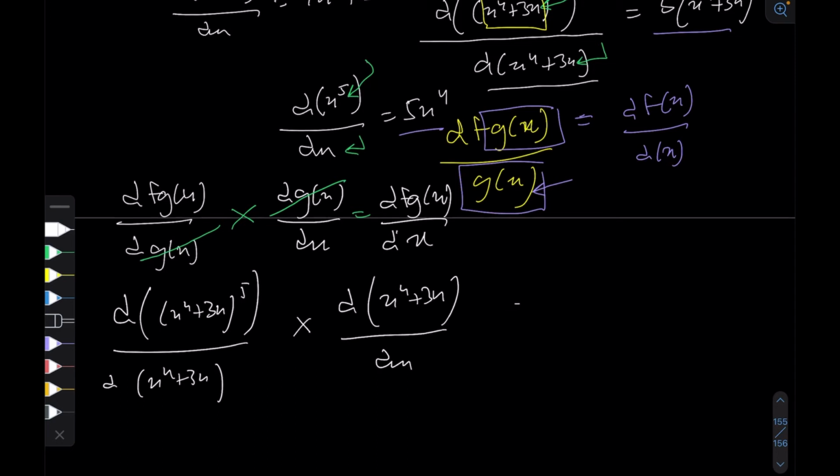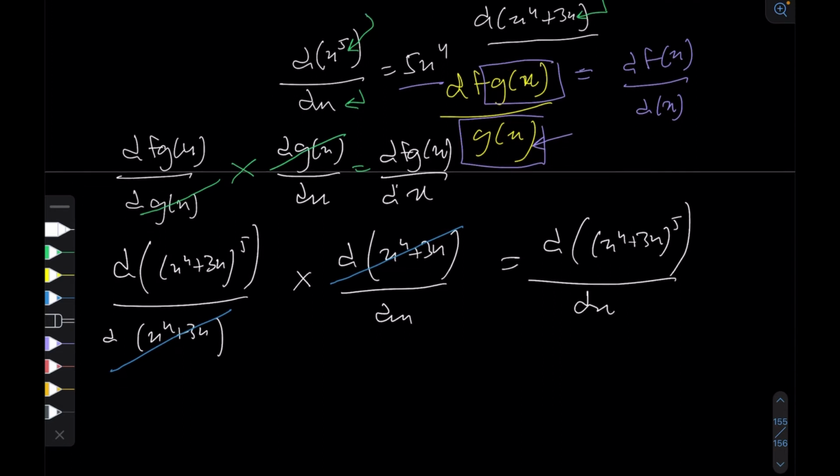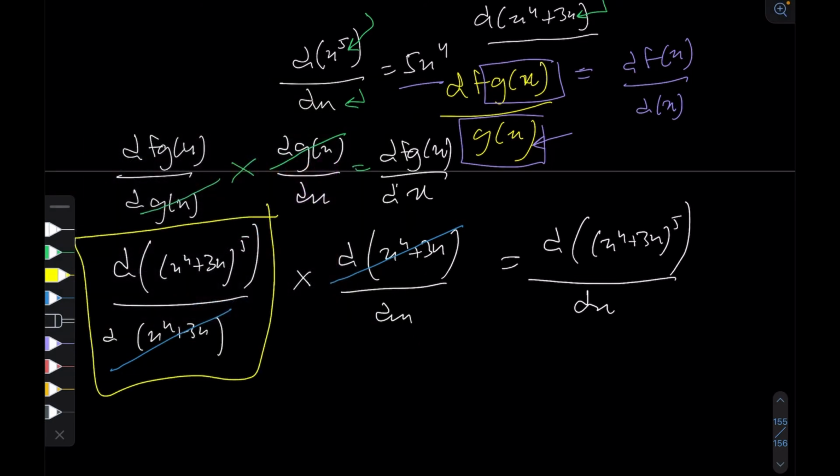Similarly, if you multiply here, this cancels that, and it gives us the change in (x to the power 4 plus 3x) to the power 5 over dx. Now we know what this value is, and we also know what this value is, so we can multiply them to get our desired answer, the differential.